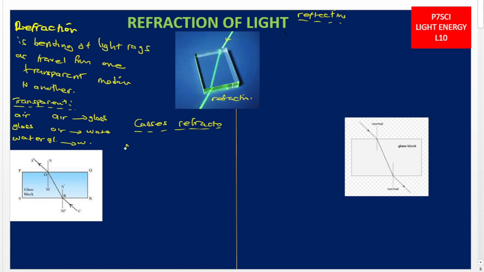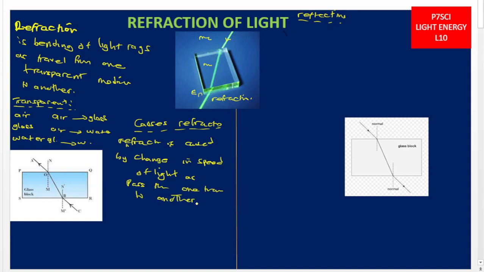Refraction is caused by the change in speed of light as it passes through one transparent medium then enters another. I'm repeating, pardon me. As I write it here, let us go together: refraction is caused by the change in speed of light as it passes from one transparent medium to another. Please, my dear learner, get that.